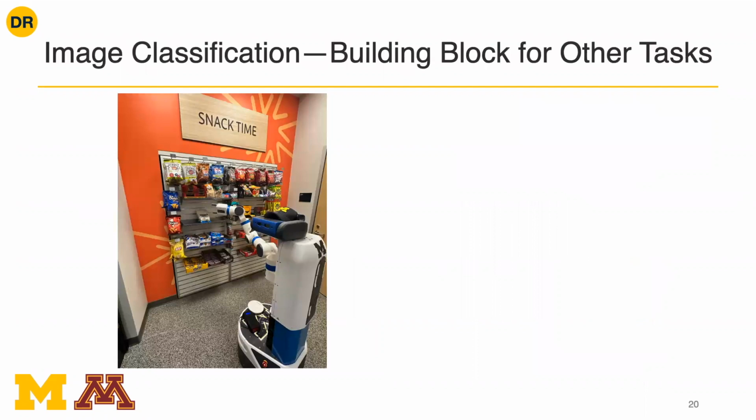Okay, so let us see how one can think about image classification as a building block for doing robot perception. I'll give you a few examples of how you can connect various blocks here. We talked about image classification, but the robot has to act on different parts of the environment.